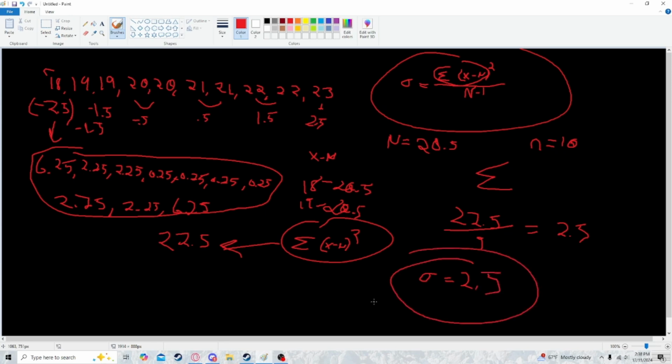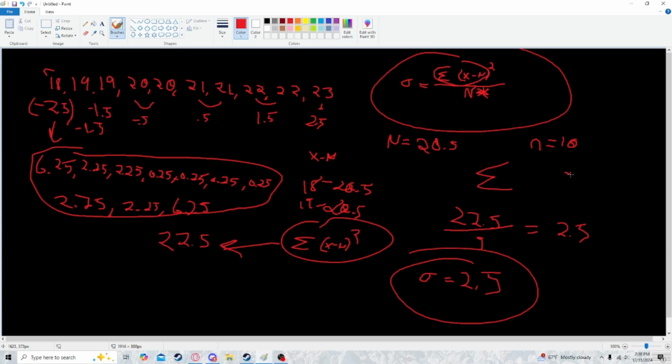That's our standard deviation. Now, for example, if this was the entire population of the class and not a sample of the class, if this was the entire population of what we were trying to find, we wouldn't need this minus 1.